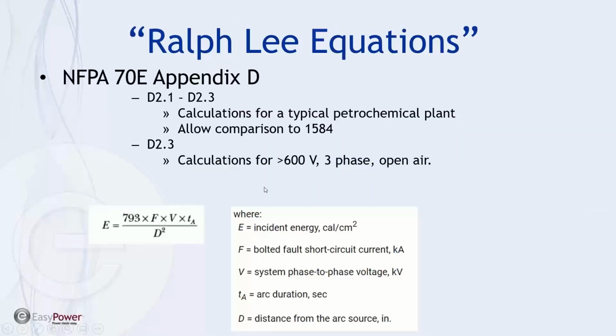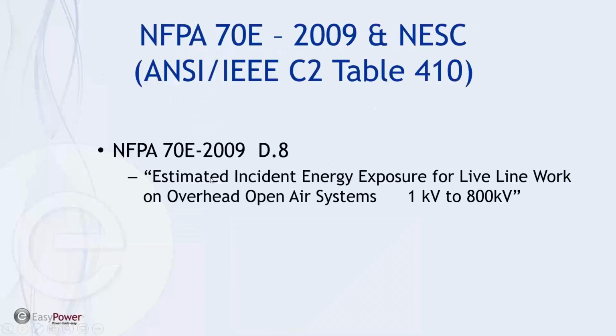So we can go through and calculate by hand. These are equations that are available in NFPA 70E, and it's relatively easy to see based upon extracting these parameters from EasyPower that the results quite readily match the equations.